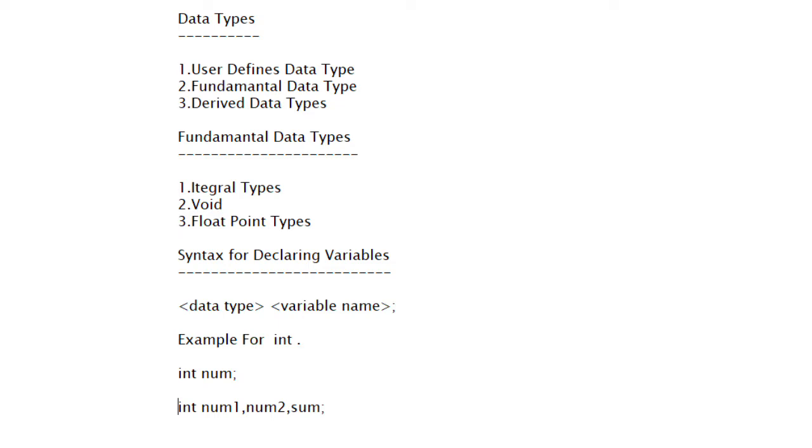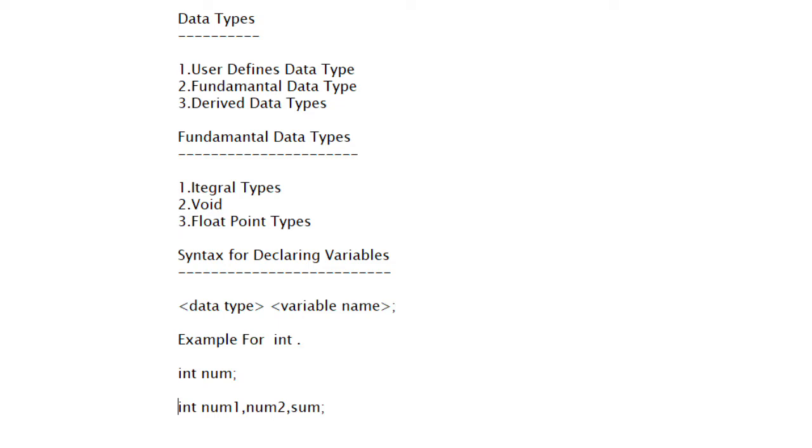That's why they have invented them. The fundamental, that means built-in data types, consist of three data types. First one is integral data type, second one is void data type, third one is floating point data type.